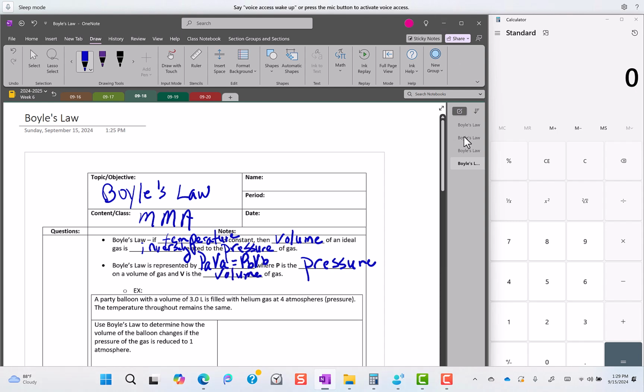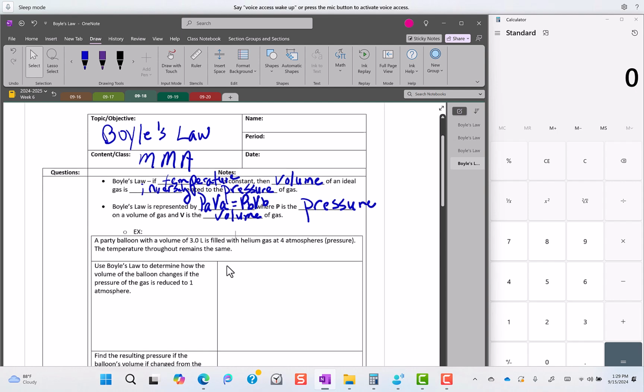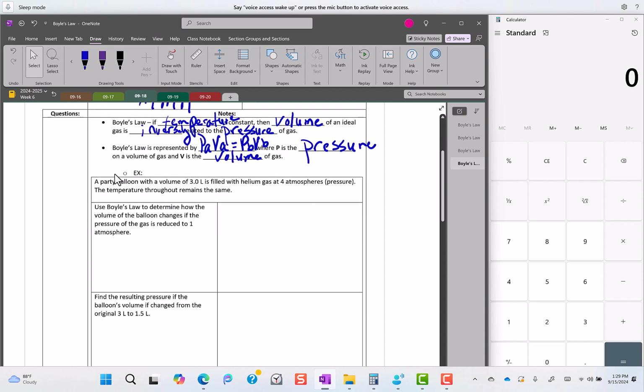You're going to notice that a lot of these things are going to change as far as pressures. So we have a party balloon with a volume of 3.0 liters filled with helium gas at 4 atmospheres of pressure. The temperature throughout remains the same.